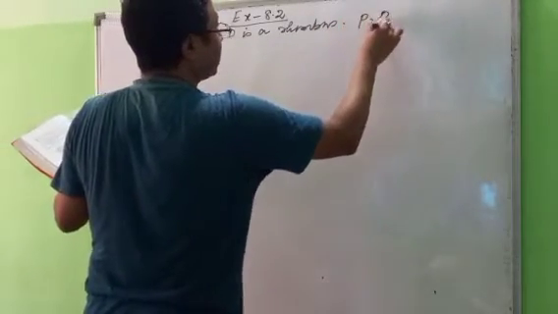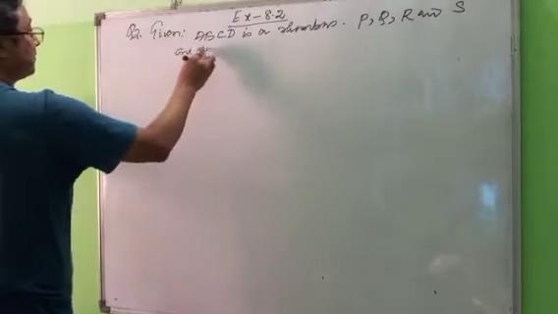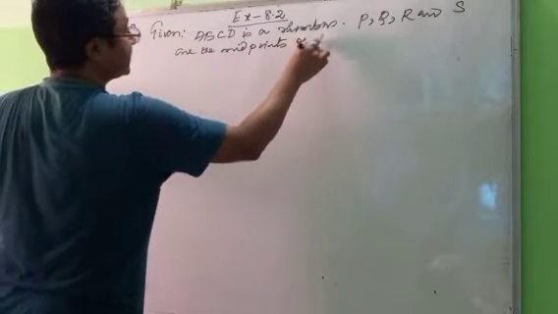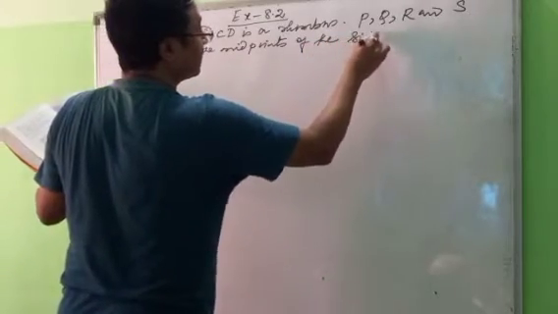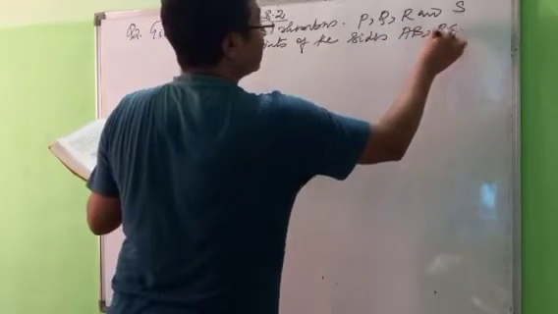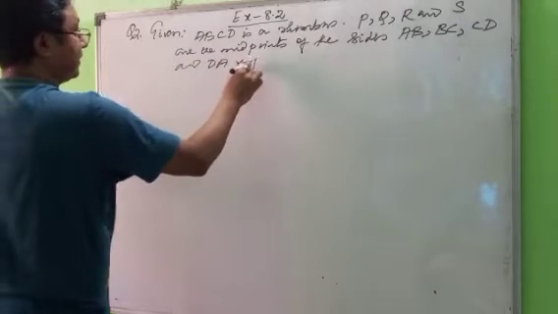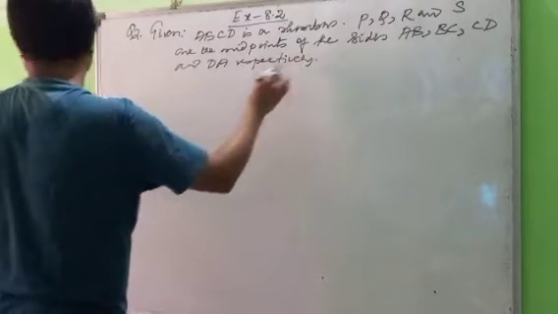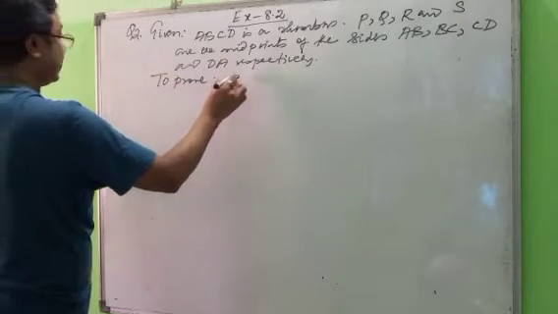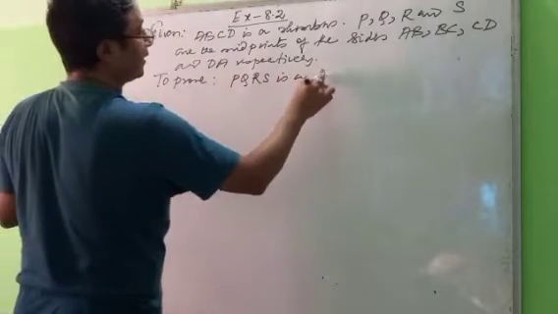P, Q, R and S are the midpoints of the sides AB, BC, CD and DA respectively. Now to prove: PQRS is a rectangle.